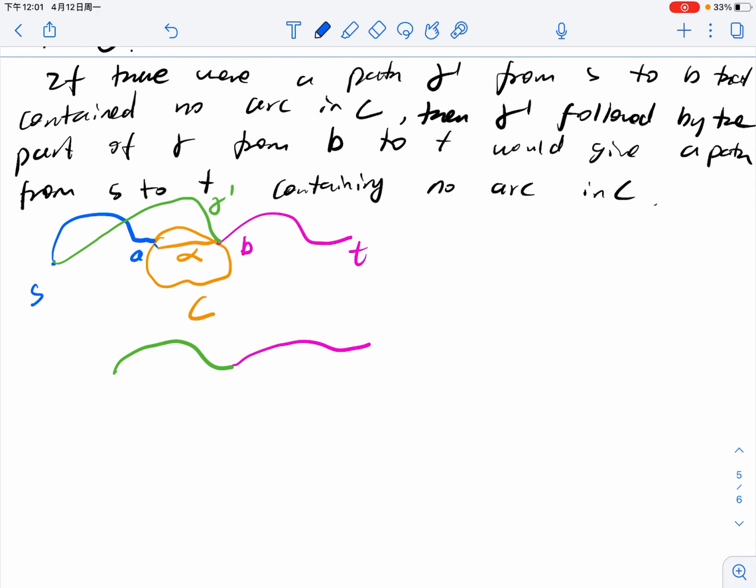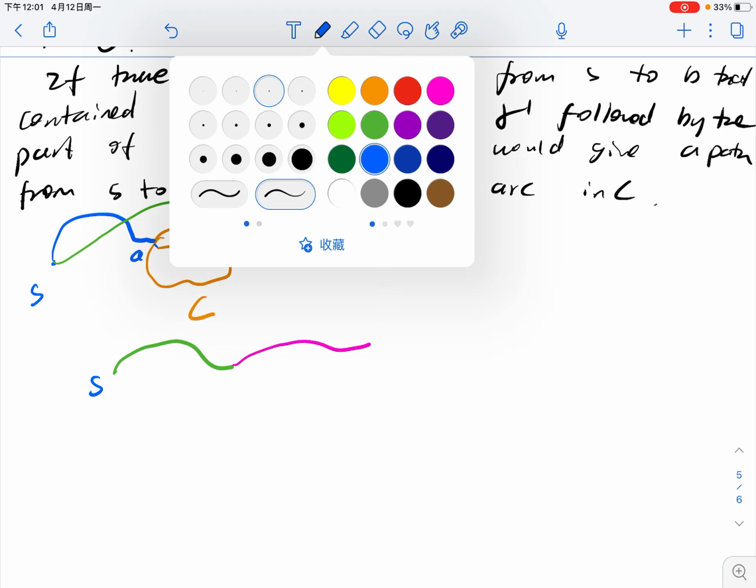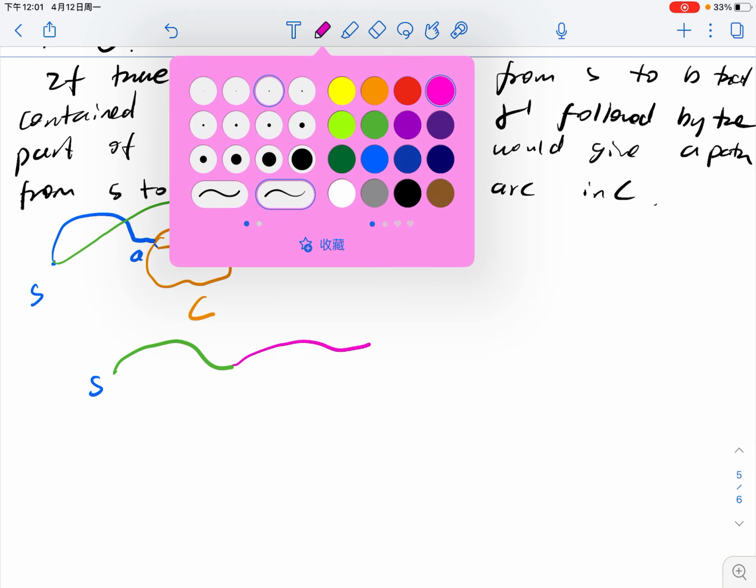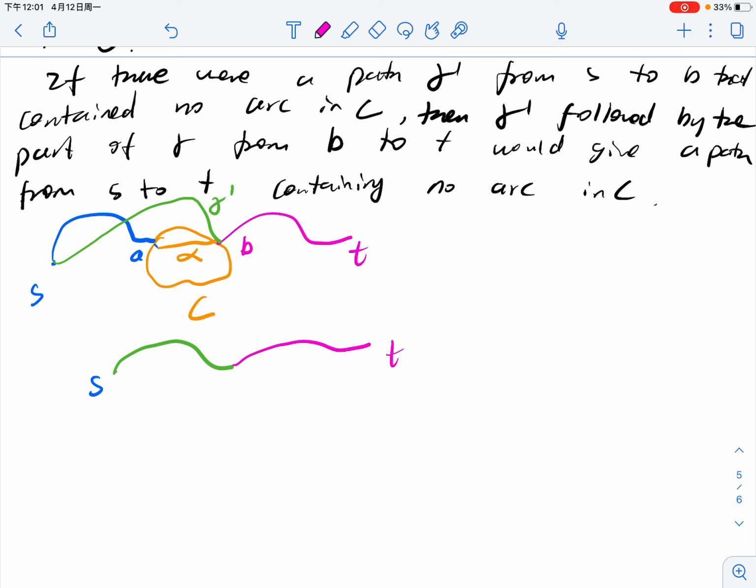That will give us a path from S to T without any arcs in C. So that would be a contradiction because we assume C is a cut.